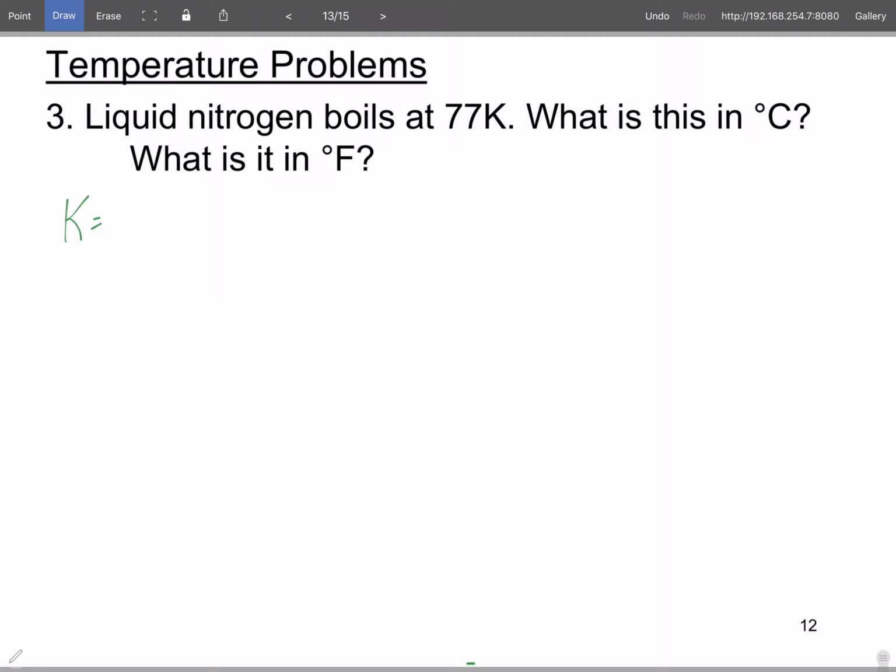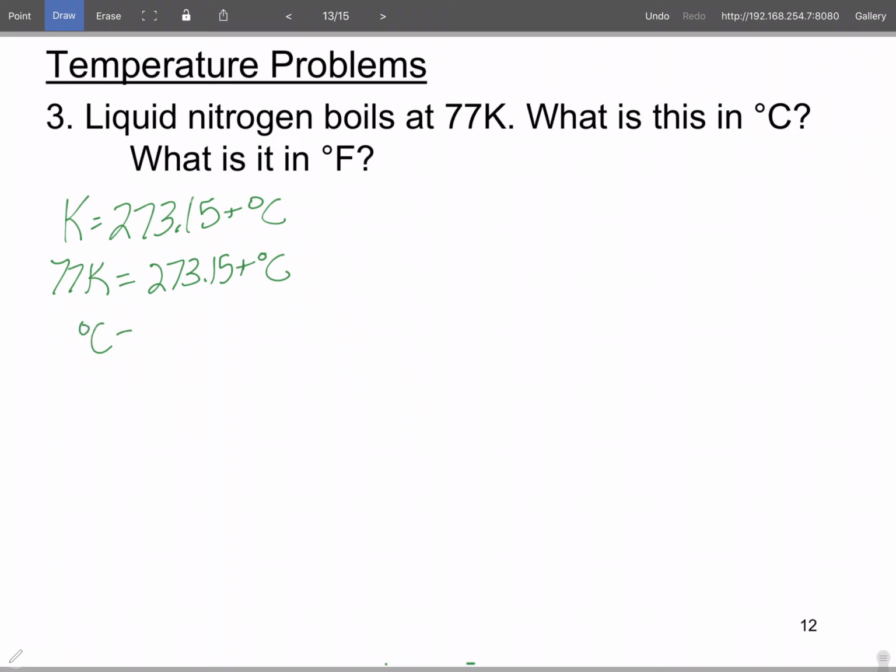So K is still 273.15 plus degrees C. We know that it's 77 K. 273.15 plus degrees C. Do you have to show all this work when you show work? No, you don't. You can truncate some. I'm going to try to show you each and every step so that there's less confusion.